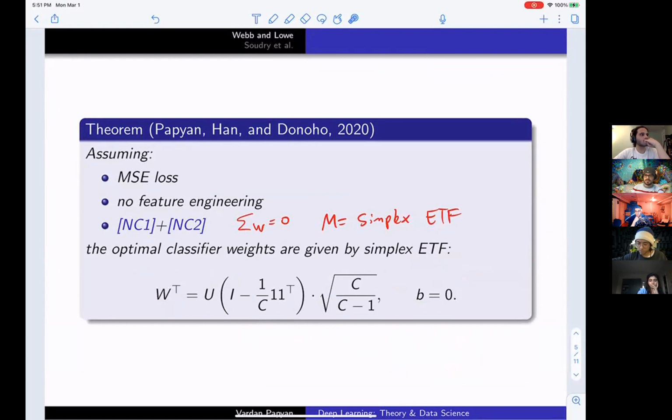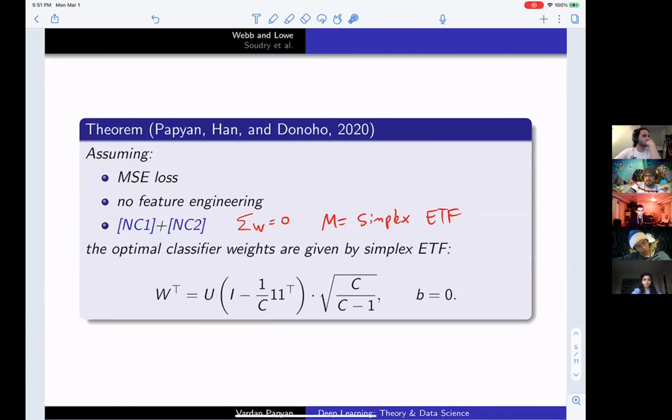But the point of this is to connect this to what we've previously seen. Previously we've seen the idea of linear discriminant analysis and how something similar to linear discriminant analysis emerges at the top layer.